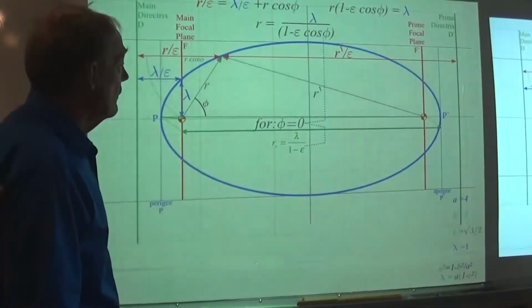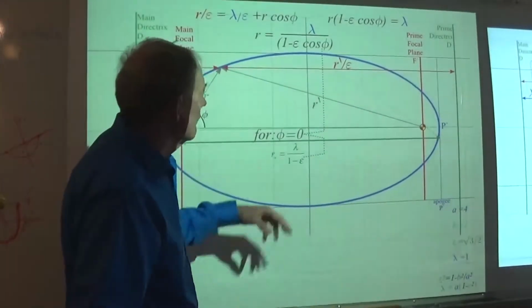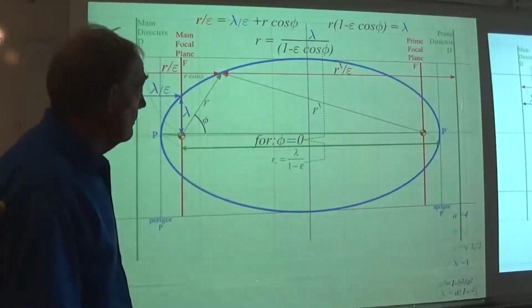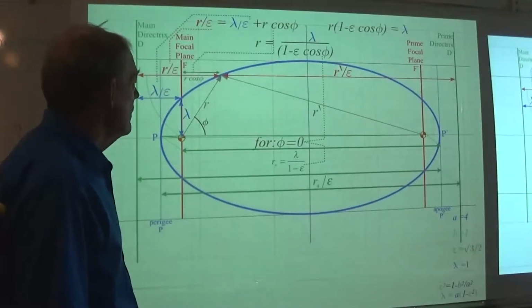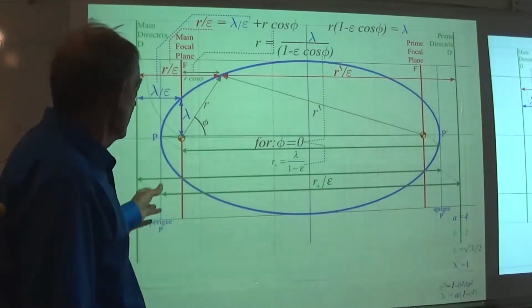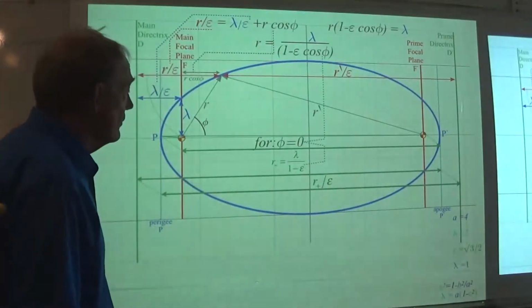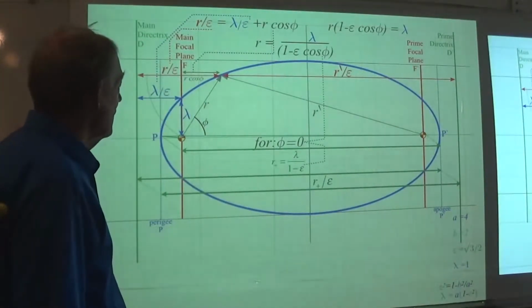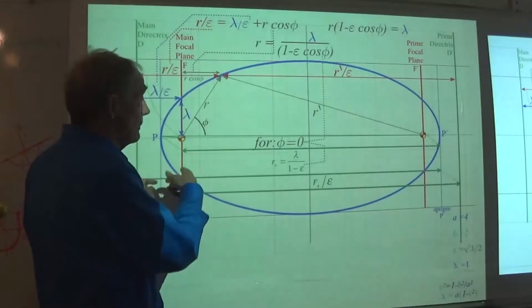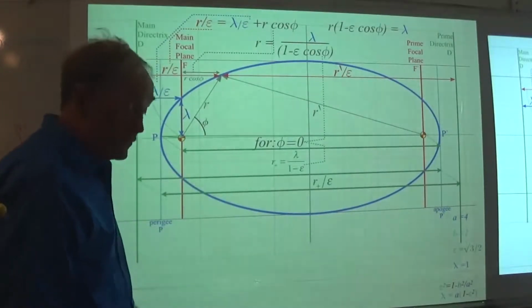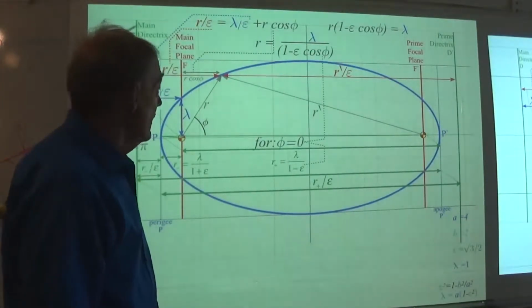There's a couple more things that show you why this is lambda over 1 minus epsilon for a particular angle of 0. And then there's the other way to look at things, R plus. That's the apogee, now lambda over 1 minus epsilon... here, over epsilon. Well, it's really big. We're at this particular angle of 0. And so forth.